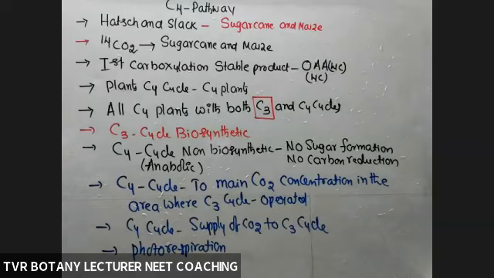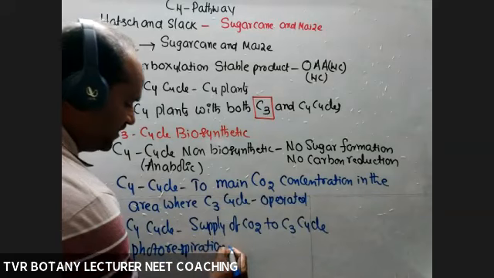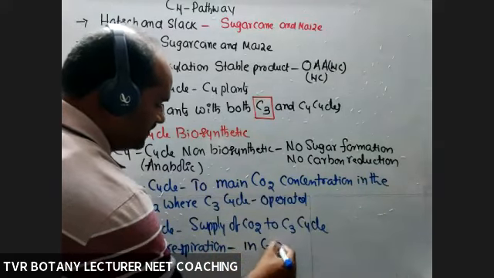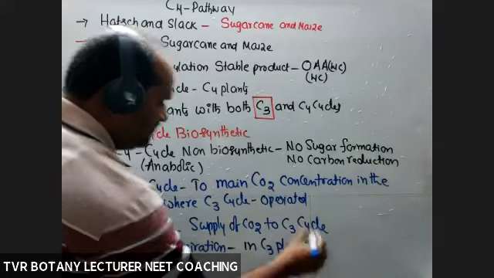Photorespiration is a wasteful process. During photorespiration, instead of a reduction of carbon, carbon is oxidized into CO2. There is no formation of sugar molecules, no formation of carbohydrate. So photorespiration is present in C3 plants or C3 cycle.